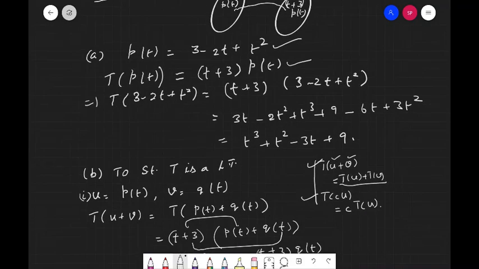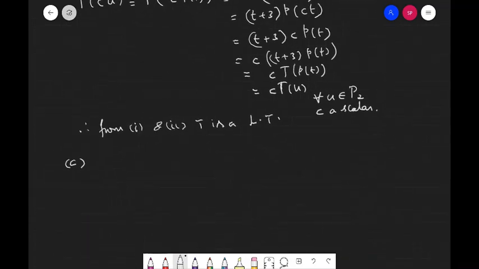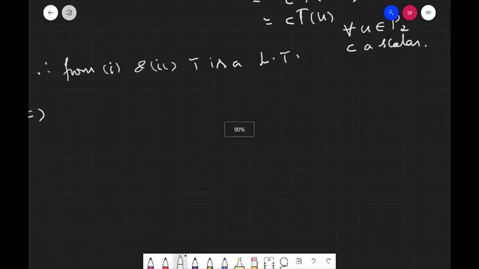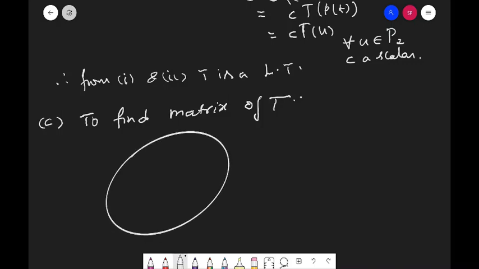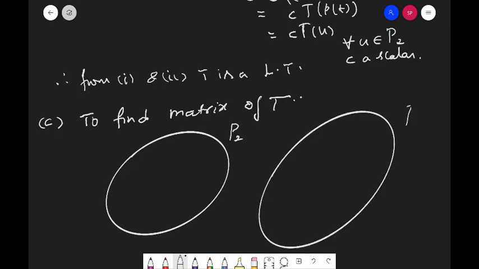So first we have to find the matrix of T. Let me draw the diagram again: this is P2 and this is P3, and P2 has the basis 1, t, t square.